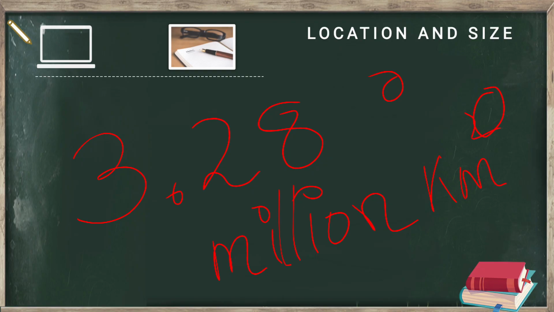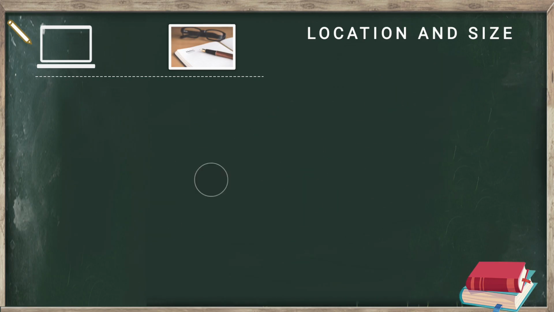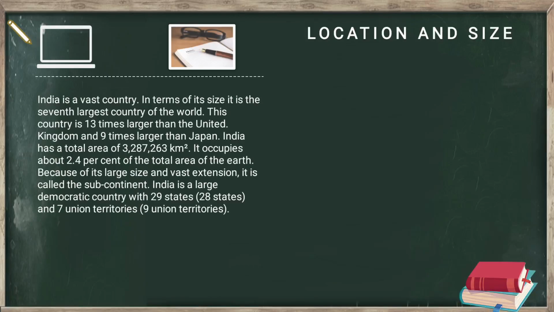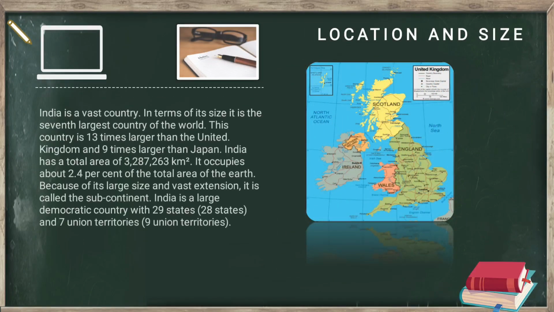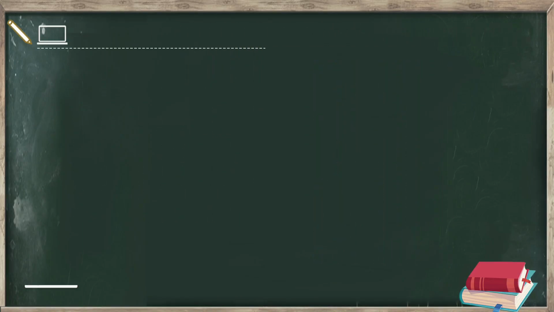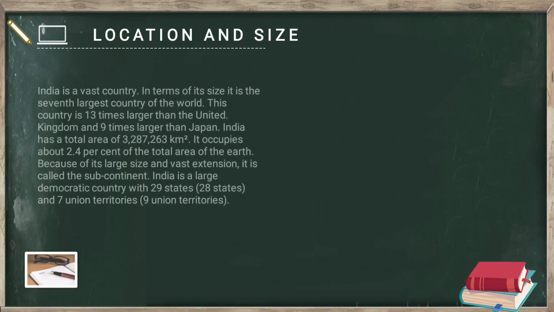If it is too hard for you to remember 32 lakh 87,263, you can use 3.2 million, or 3.287 million square kilometers.